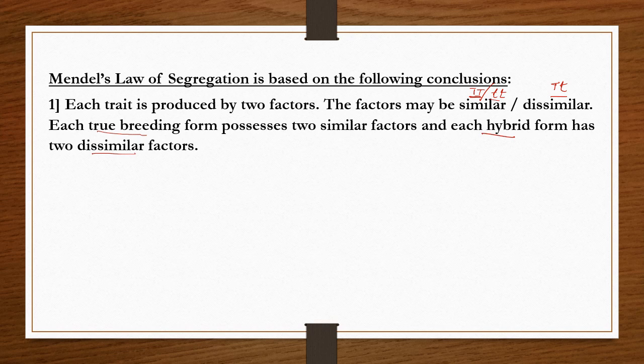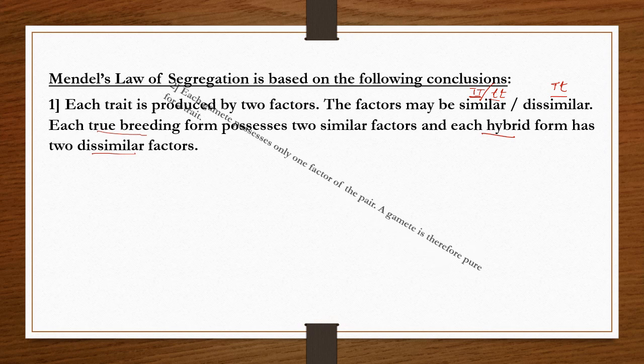Dissimilar factors are nothing but heterozygous. So the homozygous condition we can observe in true breeding, and heterozygous factors we can observe in the hybrid or F1 generation.